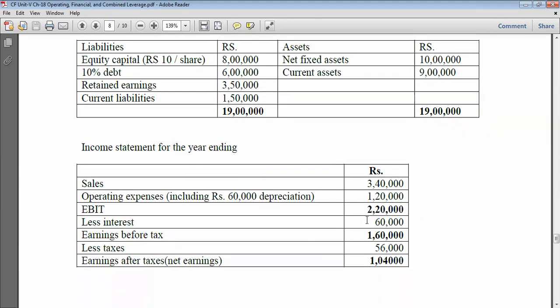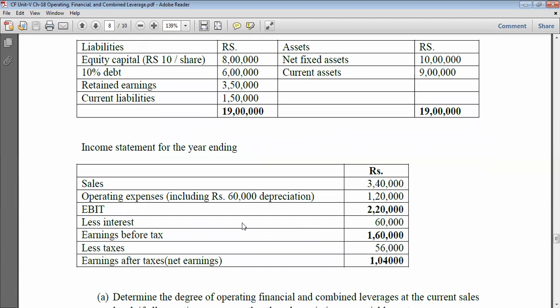Sorry, we don't need the income tax rate, because the tax amount is directly given in the problem itself, 56,000 rupees. So 1,60,000 minus 56,000 is equal to 1,04,000 rupees, which is the EAT, earnings after taxes or net earnings.